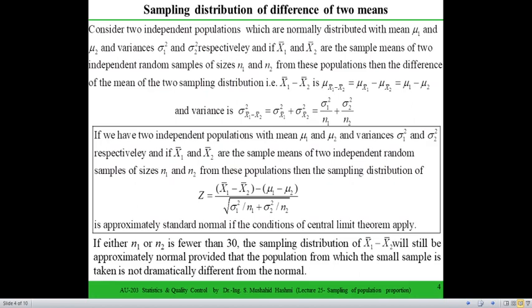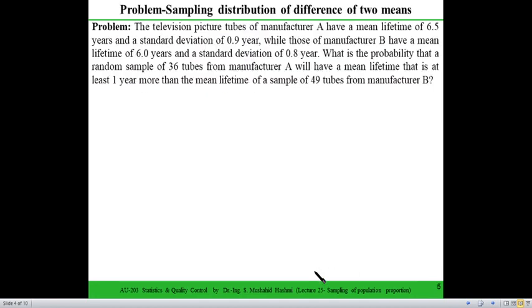The central limit theorem says the sample size ideally should be greater than 30, but even if it is smaller, one can use the normal distribution if the parent population is not significantly different from the normal distribution.